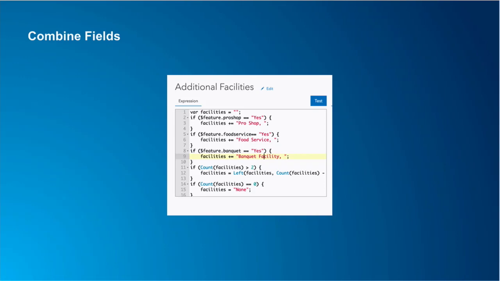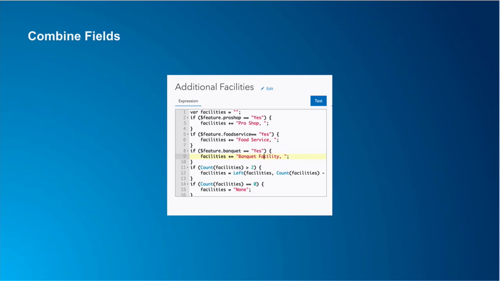It would be empty for some, it would be populated for others, or just say yes, no. But instead, I just create an if statement inside this Arcade expression that says, if there's a pro shop, set this expression to be facilities pro shop. So that in my attribute table, I can just have a facilities section and it'll list pro shop, food service, etc.